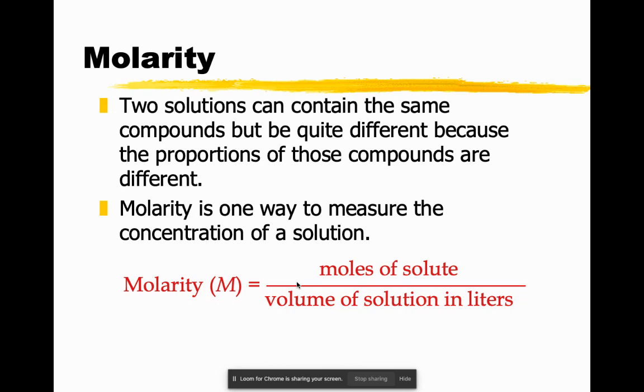One is more corrosive than the other because of the concentration of the H+ ions that come from the acid. As a review, molarity is the number of moles of solute per volume of the solution in liters. So we will have to get the number of moles of solute first if we have the given in grams.